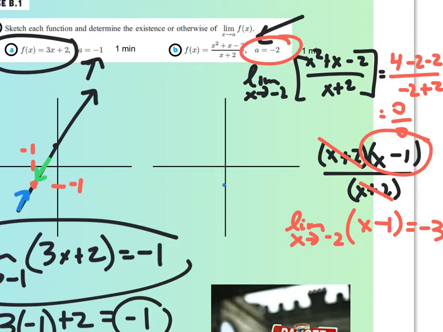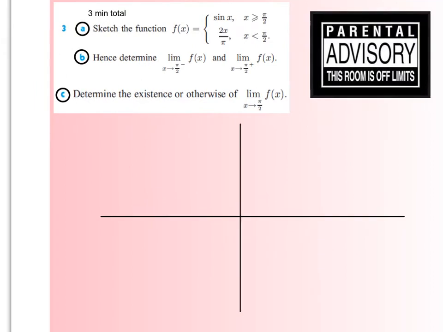So x minus 1 has -1 as its y-intercept and a slope of 1, with a hole where x equals -2. And that hole is located at y equals -3. Therefore, the limit still exists. Left and right still agree. However, there is a hole there, so you want to be careful.